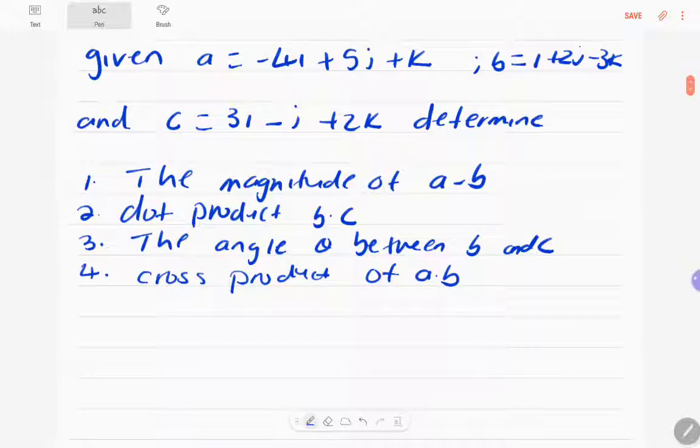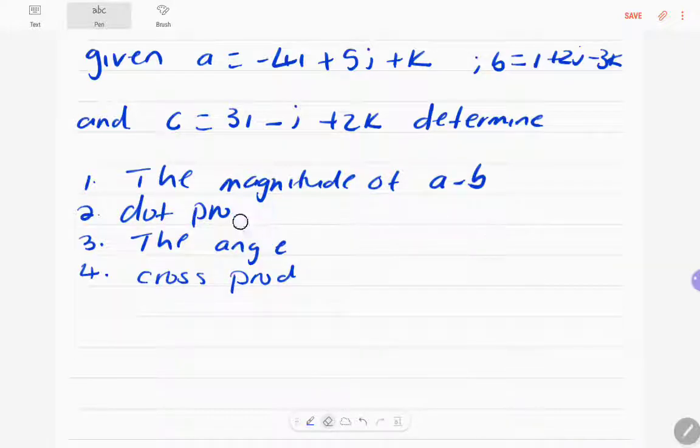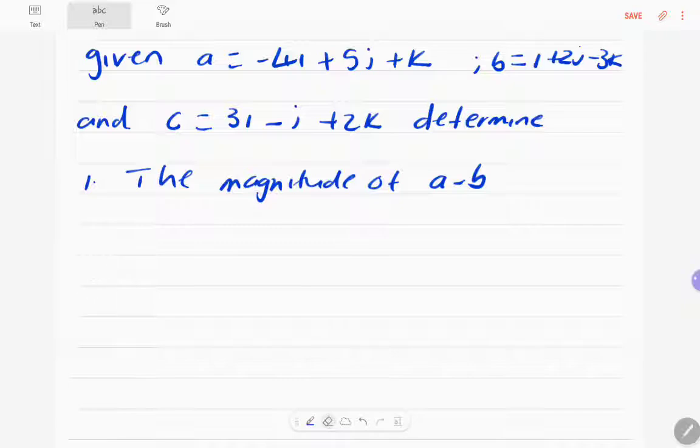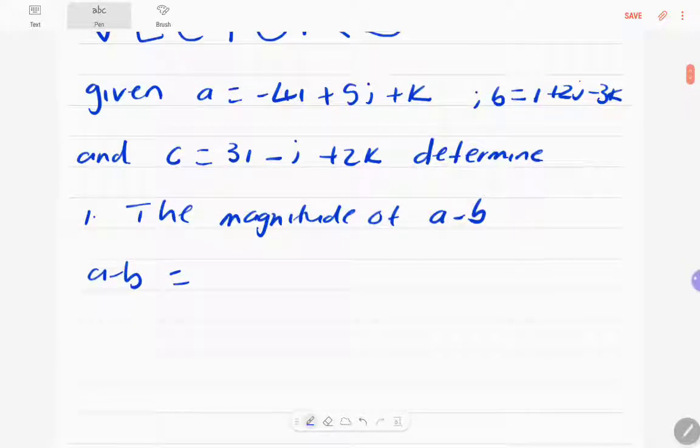So answers. The first one, we have to find the magnitude of A minus B. Let us go to A minus B. What is minus 4 minus 1? It is minus 5i. What is 5 minus 2? It is positive 3j. What is 1 minus minus 3?